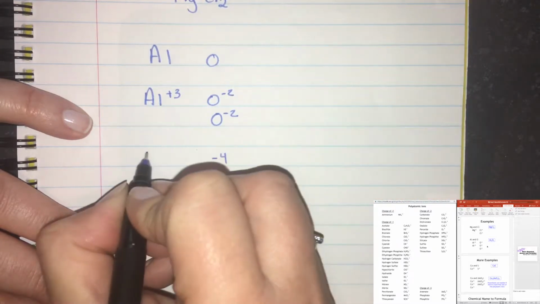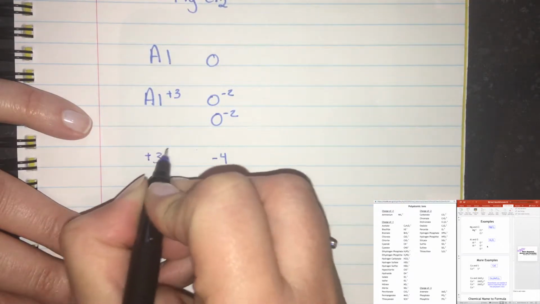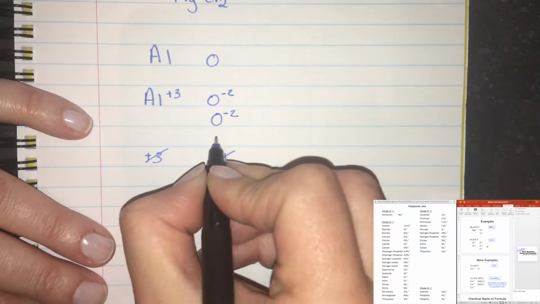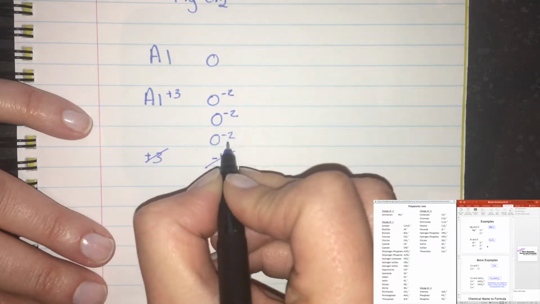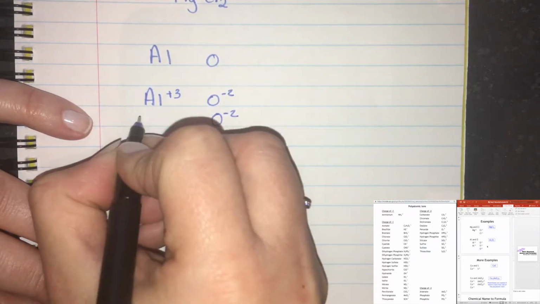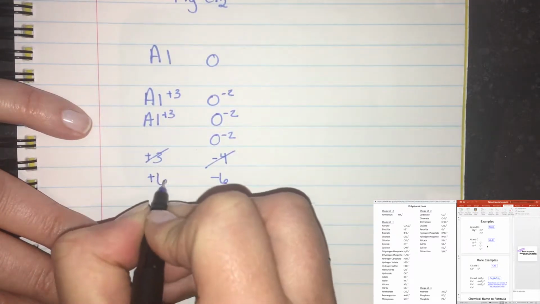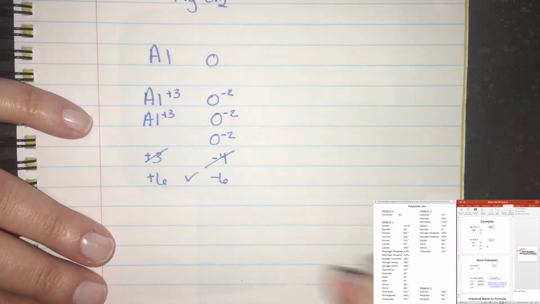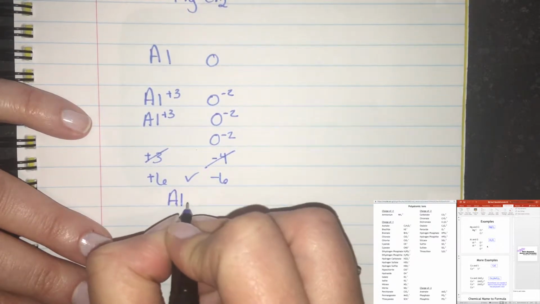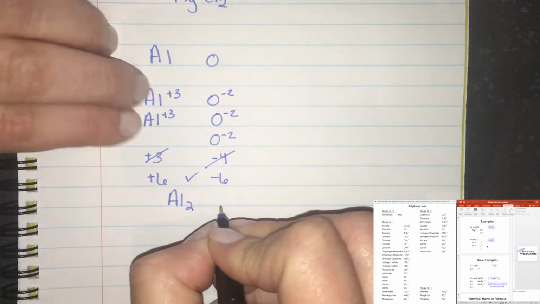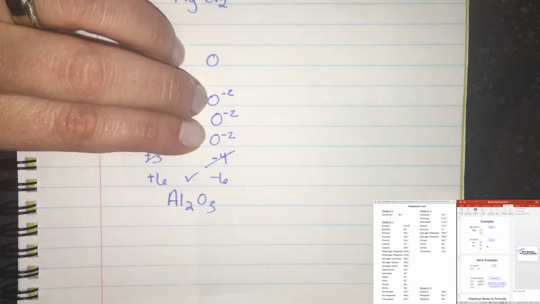This is +3, so that's not going to work. Then you would add another oxygen, which would be -6, and add another aluminum, which would be +6, and they would cancel out. So you would know there are 2 aluminums and 3 oxygens.